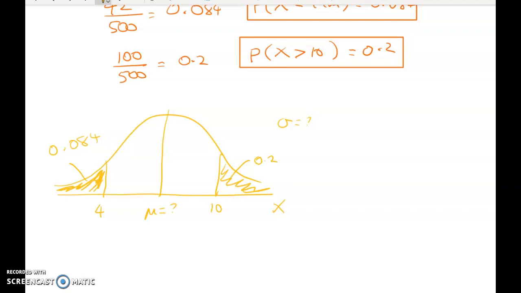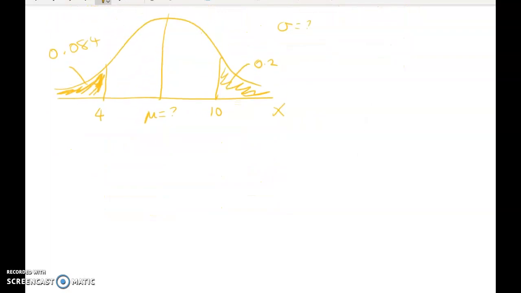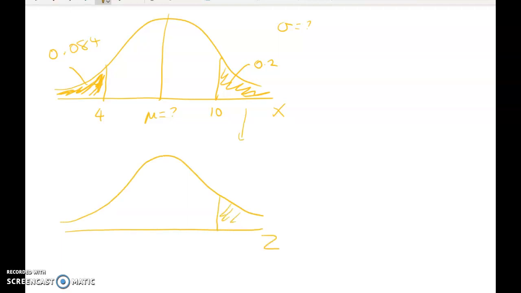So what we're going to do now is find two z-scores, and then we've got two unknowns to solve for. So you should be on happy simultaneous equation territory because that's what we're about to do. Right, so looking in the tables, and we have to get really good at these tables, we'll do this top end one first. So what's the z value that cuts off 0.2 here?